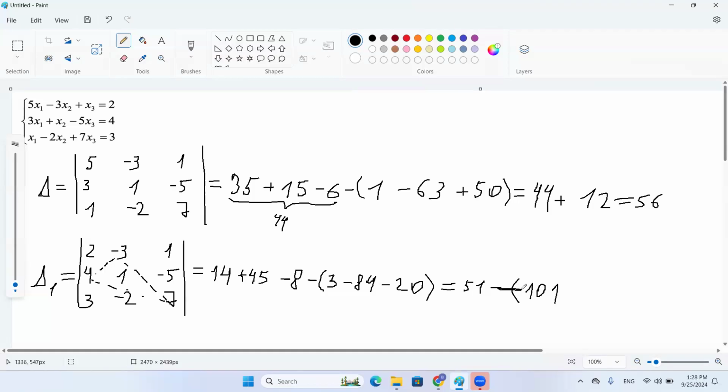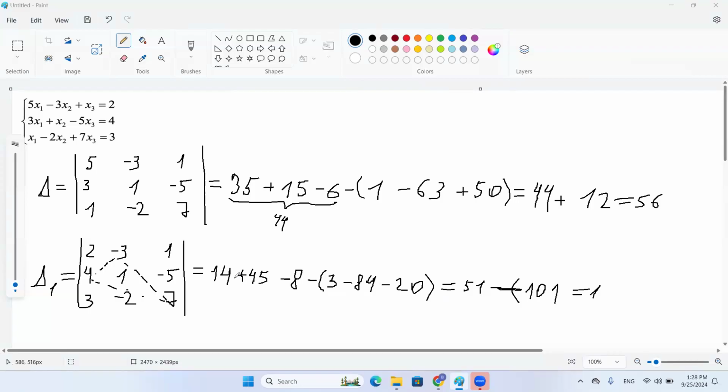Okay, let's just make a plus. It would be 152. It seems that we have a mistake here, because actually it should be divisible by 56. There is a minus, sorry.